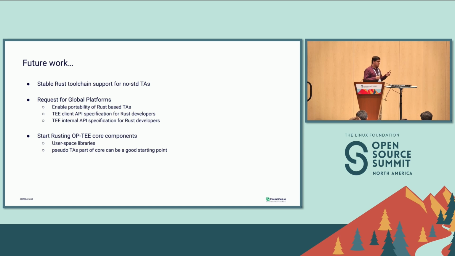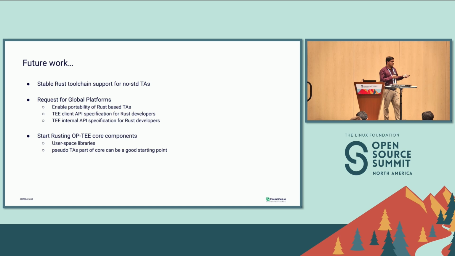The next step for trusted applications written in Rust to be portable is that we need standardized specifications, like Rust APIs standardized by GlobalPlatform, similar to what we have on the C counterparts, so that we don't have to rely on those wrappers as of now, and rather write a Rust library for OP-TEE from scratch using whatever ioctls are provided. But that is going to take a long time.